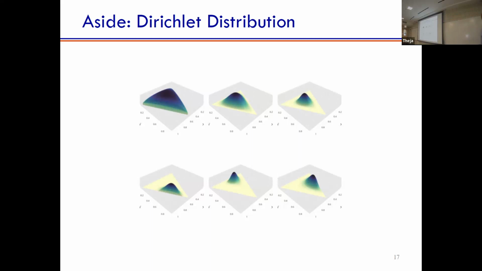That's the beta distribution. Now, Dirichlet is a generalization of the beta distribution to higher dimensions. In this figure, you're seeing 6 instantiations of this Dirichlet distribution in 3 dimensions. So how does it look? First of all, just like the beta distribution is restricted, the random variable associated with it only takes values between 0 and 1.